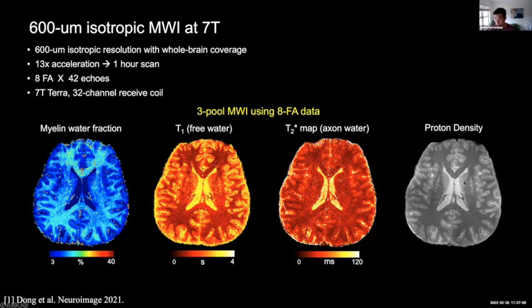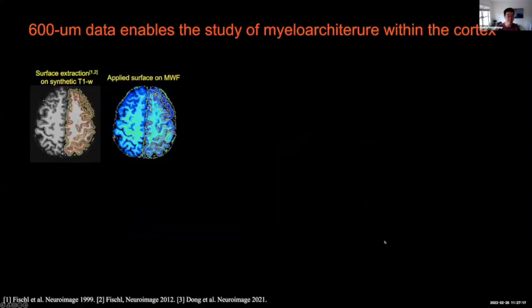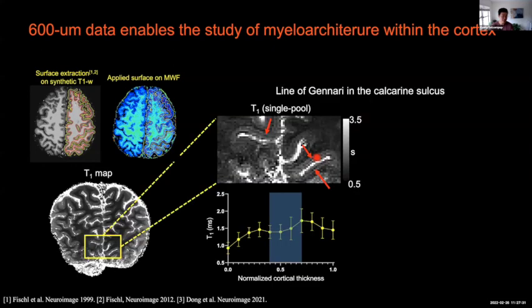Hopefully you can appreciate some of the nice details that we get from some of these images, even though I'm on Zoom here. With this high resolution, again, we can do the surface extraction using a synthesized T1 weighted image that is perfectly co-registered because it's from the same data. Apply the surface to the myelin water fraction maps, as well, to look at cortical depth.